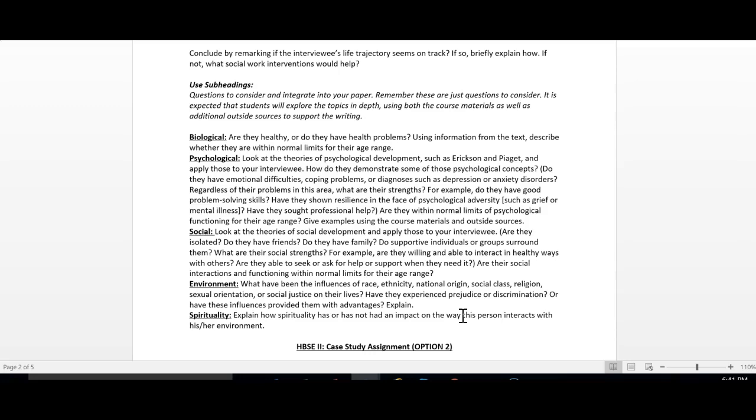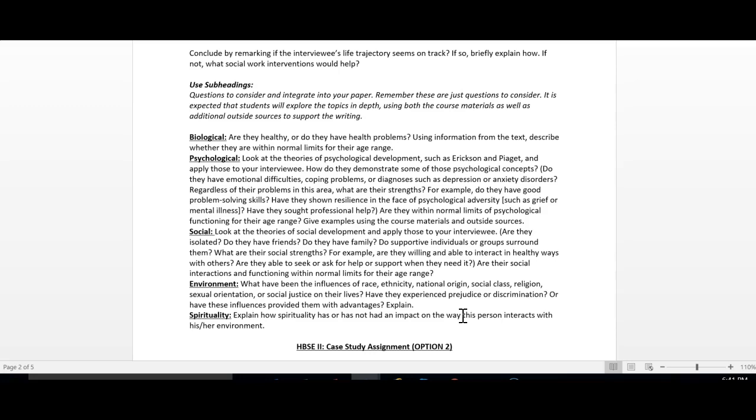So biologically, if they have health issues, is that something that's appropriate for their age range? Is it appropriate for a 5-year-old to be having a heart attack or something like that? I don't mean appropriate, but what is typical? So a typical 5-year-old is not having major health issues.